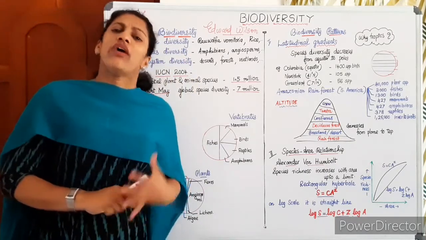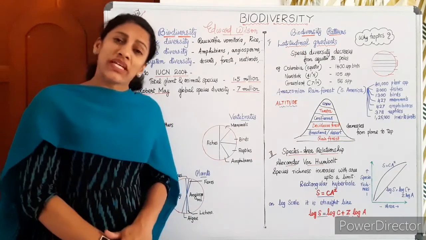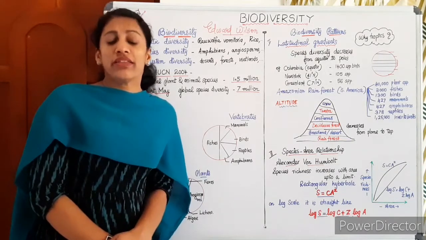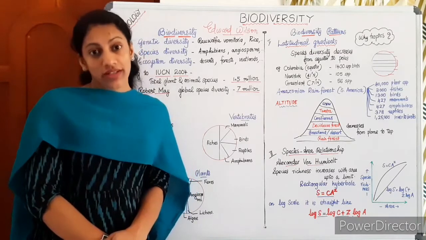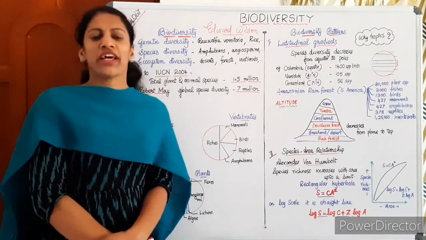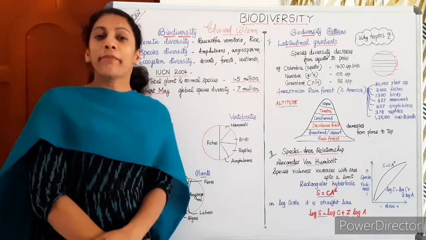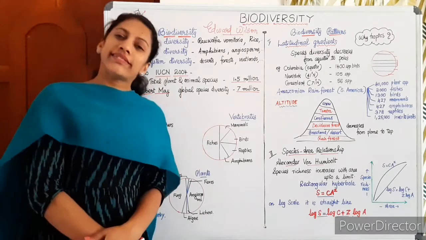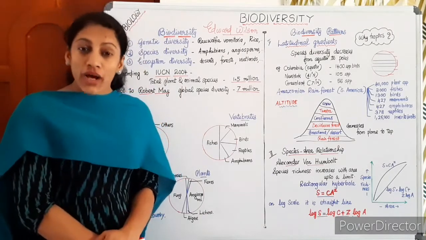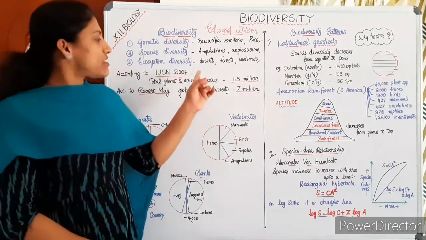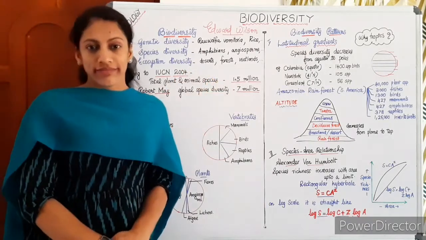What is the species diversity in the world? What idea do you have? How many different species are there on the earth? There is an approximate number. IUCN in 2004 listed and announced that the global species diversity is 1.5 million.